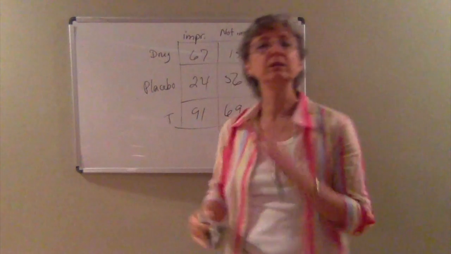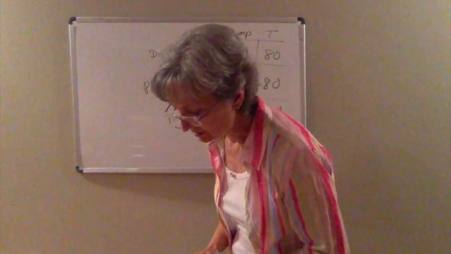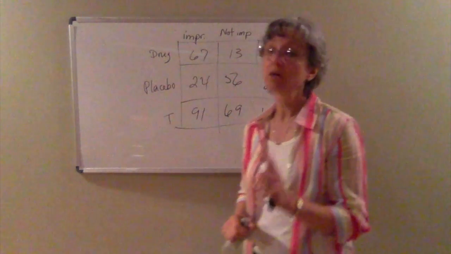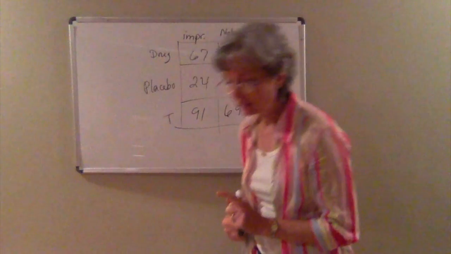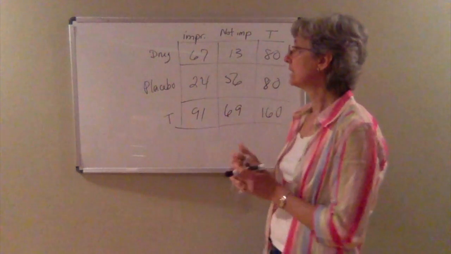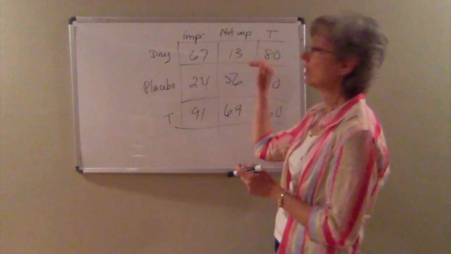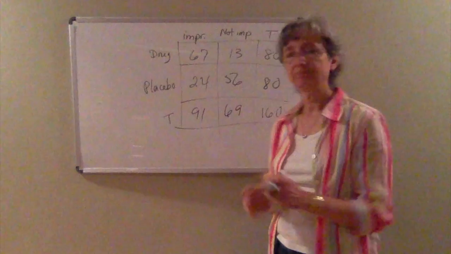So now that we've looked at this, what's the probability that a volunteer did report noticeable improvement in symptoms given that he did receive the drug? Okay, so given that he did receive the drug, or she, what's the probability that they noticed improvements?